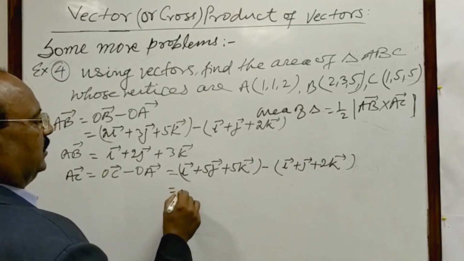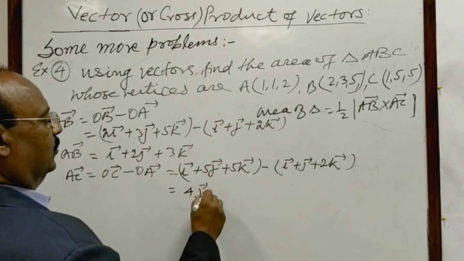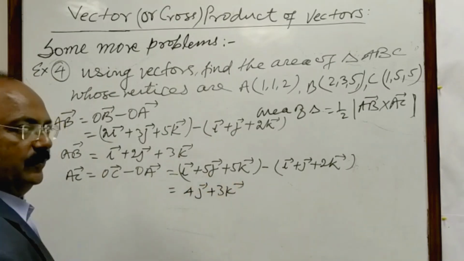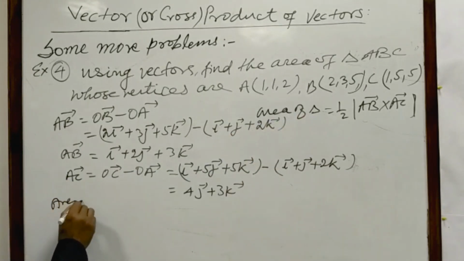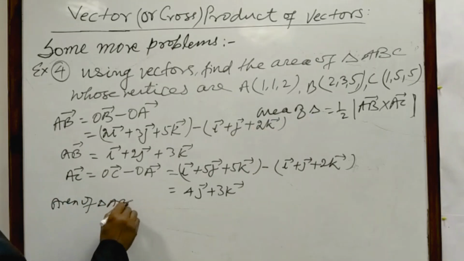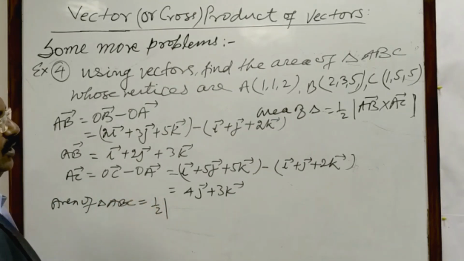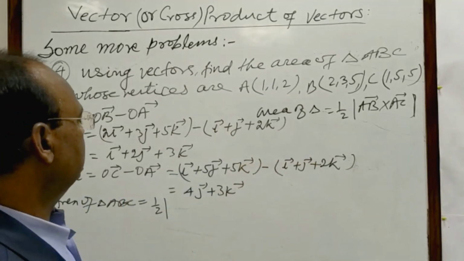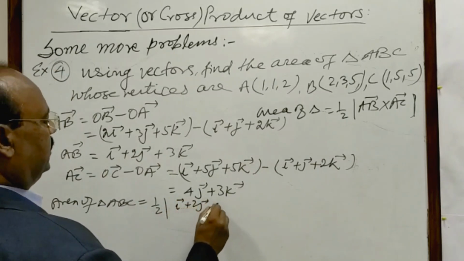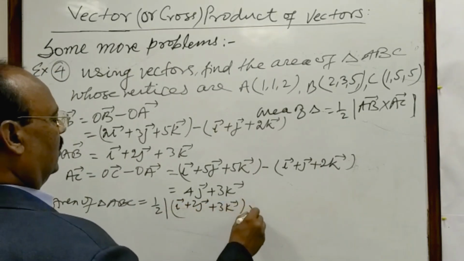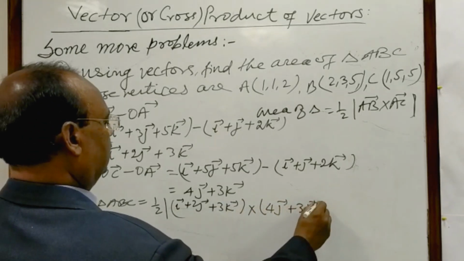So AC, simplifying, is 4j plus 3k. So now the area of triangle ABC is equal to half magnitude of AB cross AC. AB is i plus 2j plus 3k, cross 4j plus 3k.